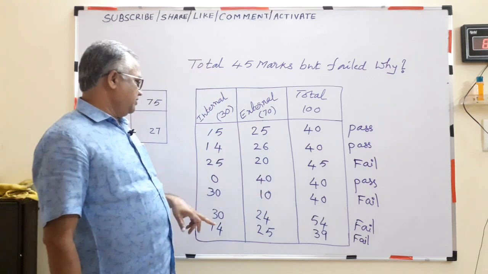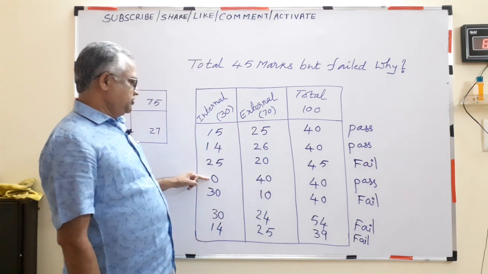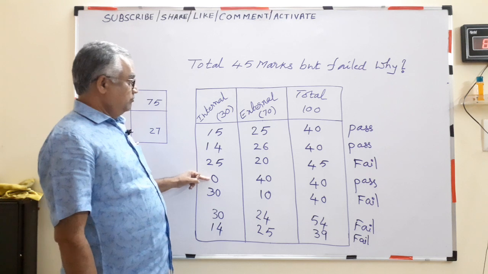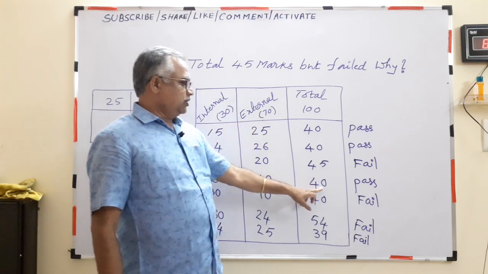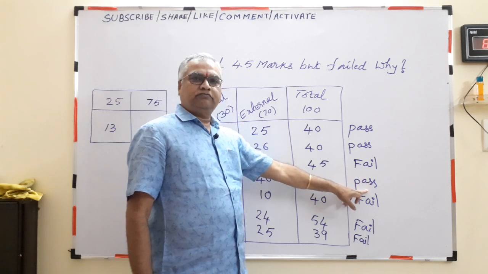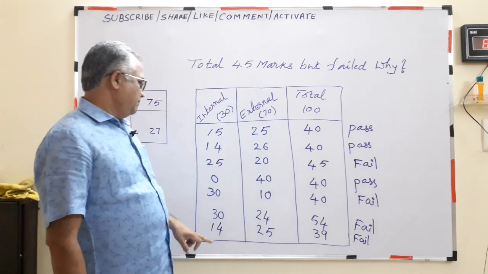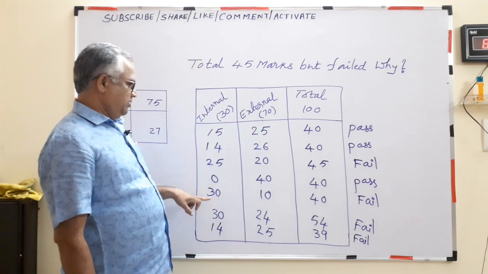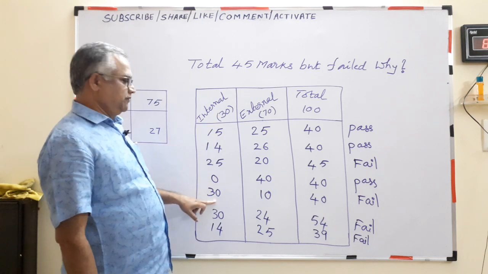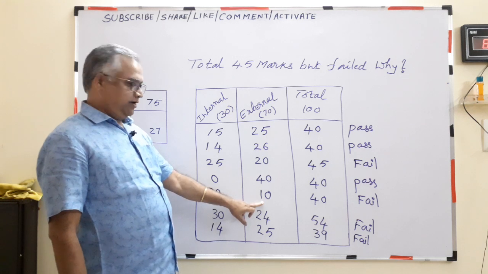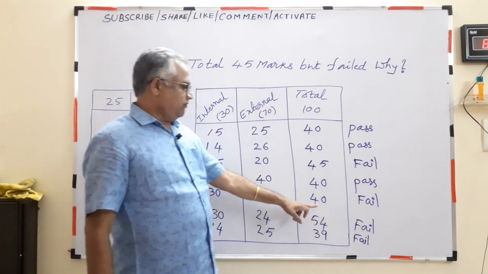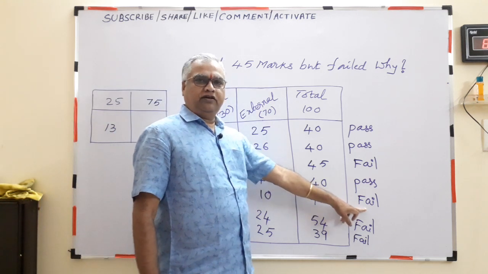I will explain later. Internal 0, but external 40 out of 70, total 40, pass. Internal 30 out of 30, but external only 10, total 40 but fail.